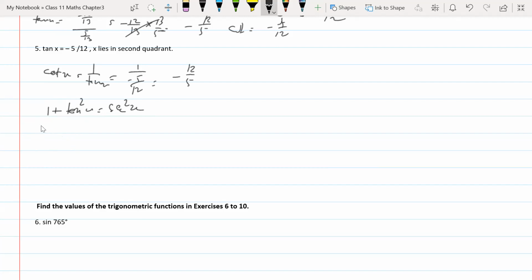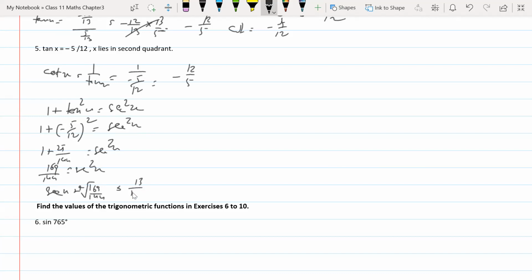Tangent is given as minus 5 by 12, so secant square x is 1 plus 25 by 144, which is 169 divided by 144. So secant x is the root of 169 by 144, positive or negative 13 by 12.